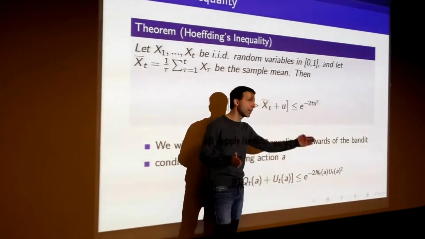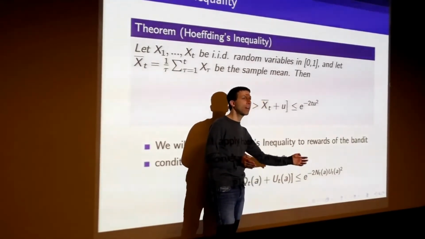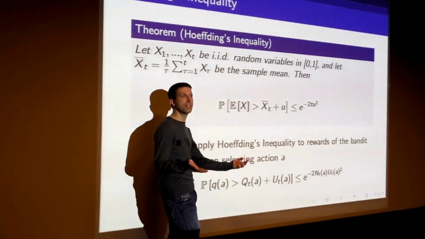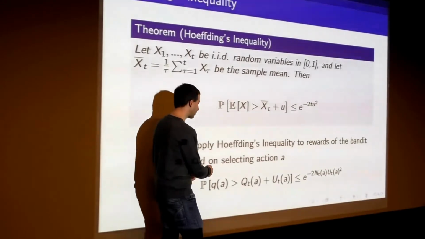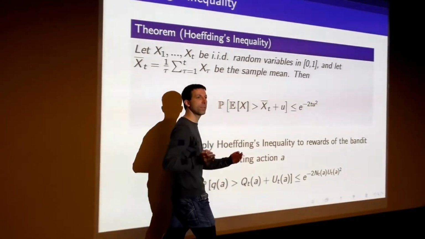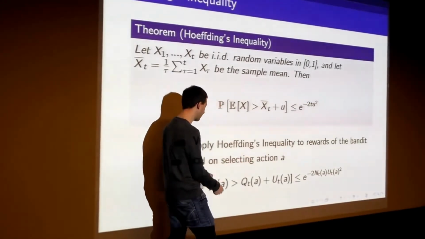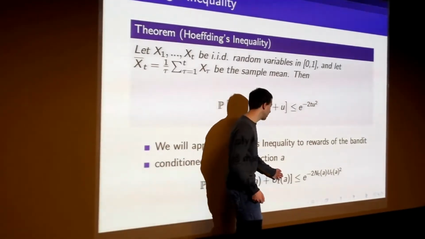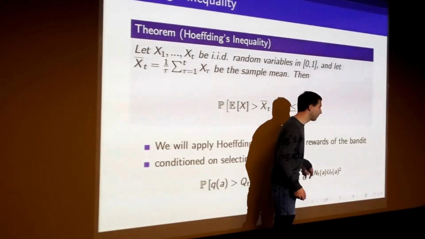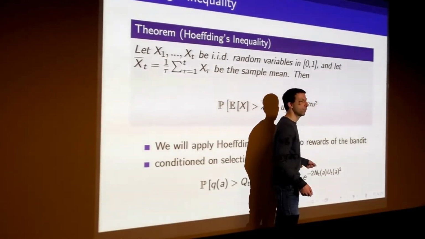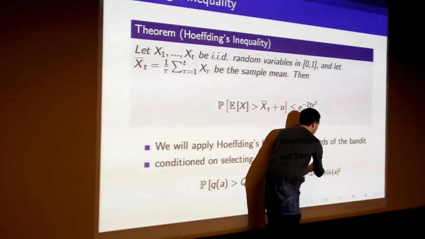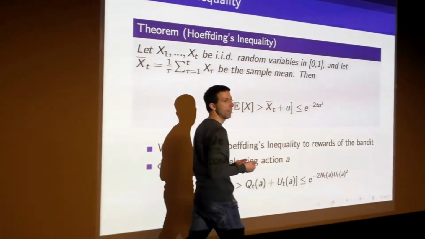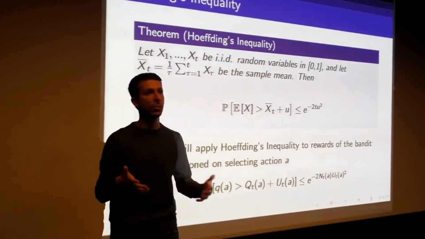So we want to know where I should place my upper confidence bound to guarantee that this probability is, say, within the 95% interval. This gives us a way to compute these 95% confidence intervals, because we know that the probability that I'm making a mistake of more than this U value is bounded by this value. So if we plug in 5%, we'll solve for our upper confidence value in a very general way.